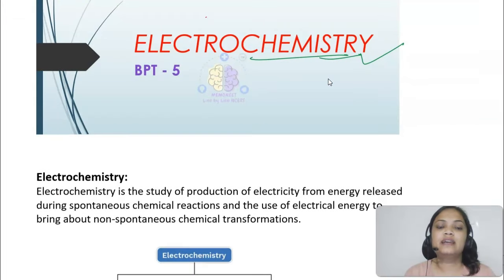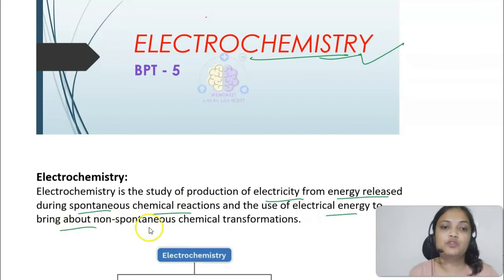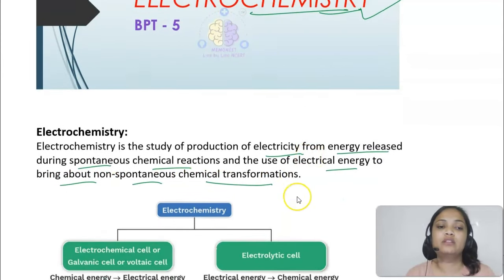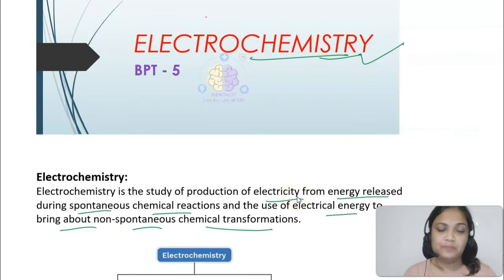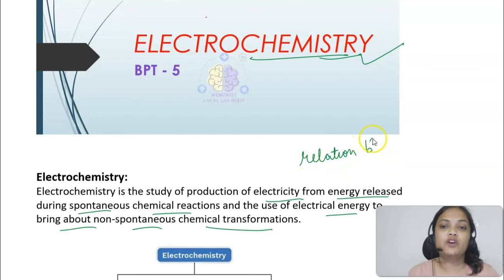Students, electrochemistry is actually the study of production of electricity from energy released during spontaneous chemical reactions and use of that electrical energy to bring about the non-spontaneous chemical transformation. So basically what is it trying to say? That electrochemistry actually deals with the relation between your electrical energy and chemical energy.